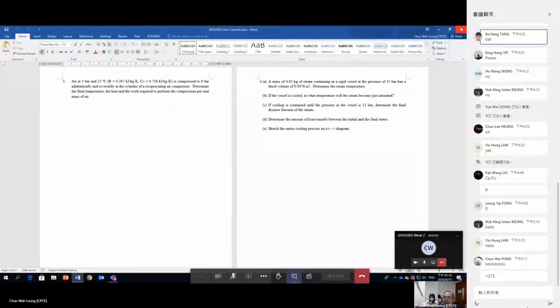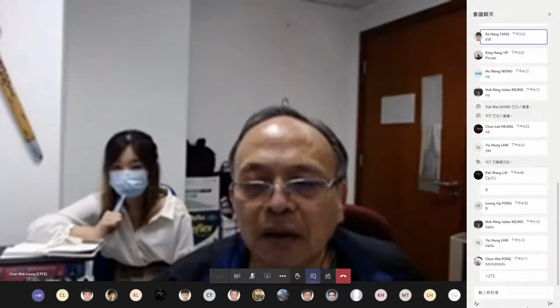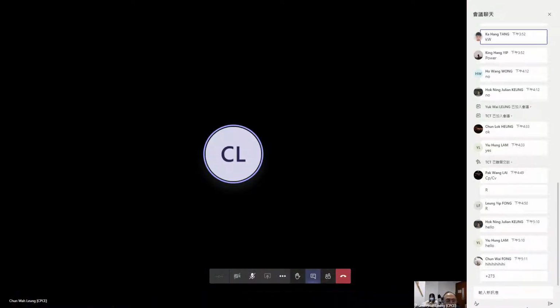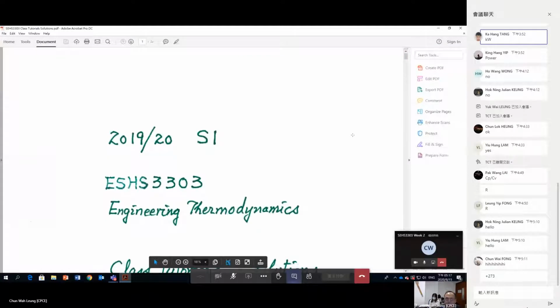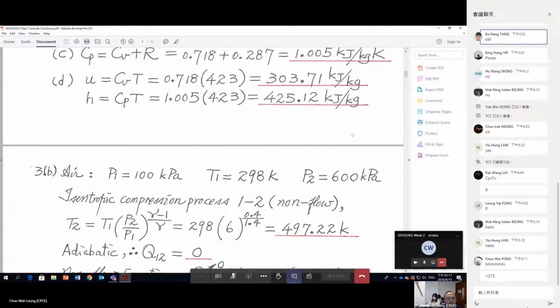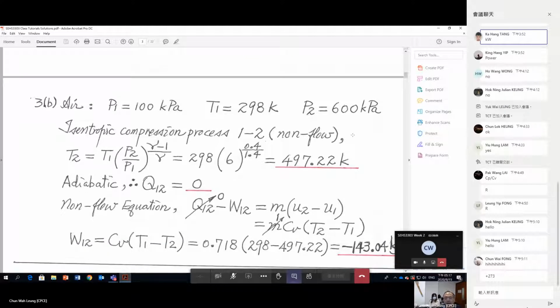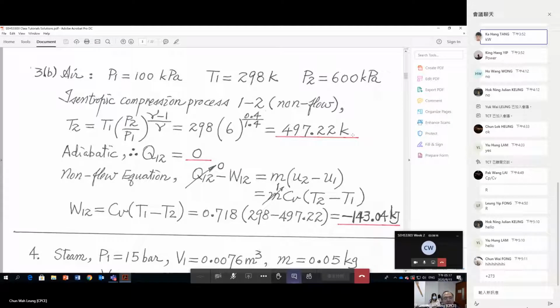喺呢度對條題目有冇問題？OK，第3條。第3條係 air. P1 100 kPa, T1 298 K, P2 600 kPa.